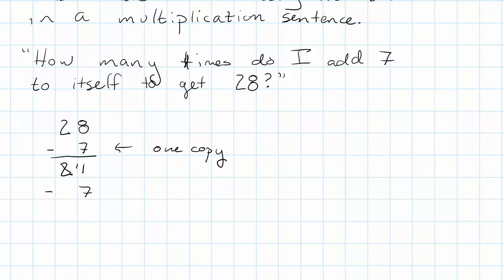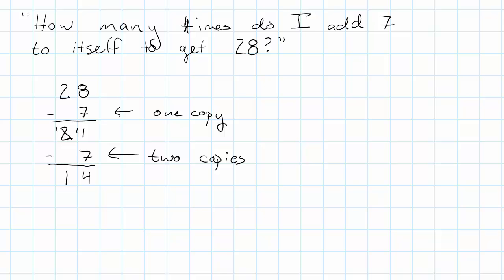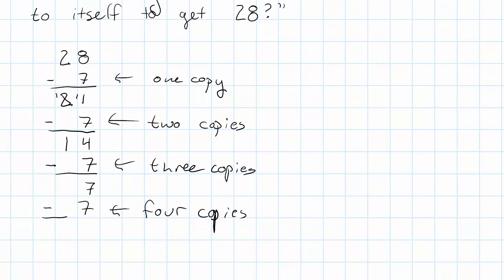That's one copy. Take away another 7. We're going to have to borrow this time. 11 minus 7 is 4. That's 2 copies of 7. Minus another 7. Oh, well, that's 7. Take away another 7, and nothing's left.